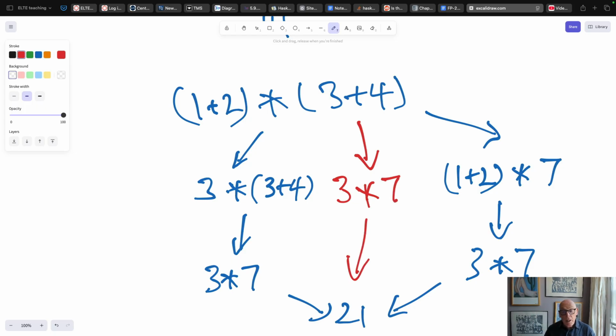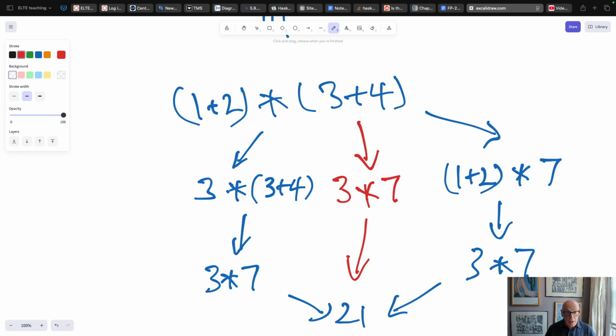So one of the nice things that we have in this model of programming is that the order in which we do things doesn't matter. And indeed, we have the opportunity for doing things in parallel. So that tells us what running a functional program means. Running a functional program means evaluating an expression.